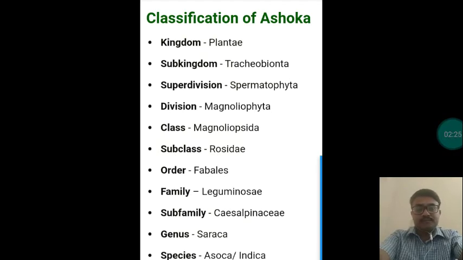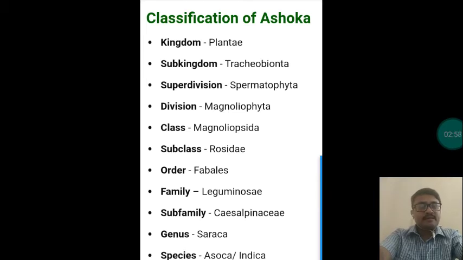Classification of Ashoka or the nomenclature of Ashoka leads to the kingdom Plantae, subkingdom Tracheobionta, superdivision Spermatophyta, division Magnoliophyta, class Magnoliopsida, subclass Rosidae, order Fabales, family Leguminosae, subfamily Caesalpinioideae.